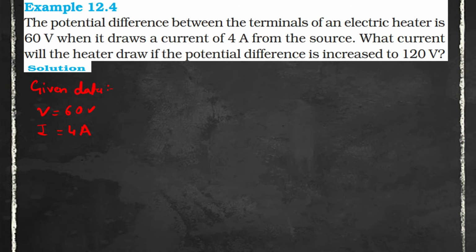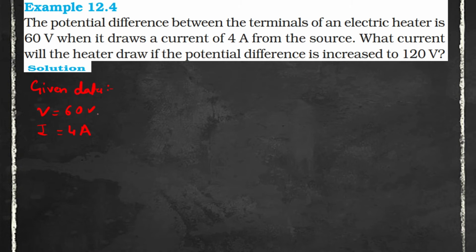The question wants to ask us that if the potential difference is 60 volt, then the electric heater will draw 4 ampere current from the source. But now we have to find that if the potential difference is increased to 120 volt, then how many ampere current will be drawn by the electric heater?